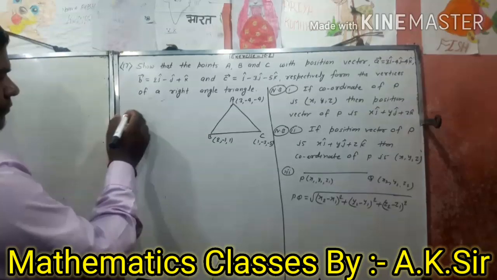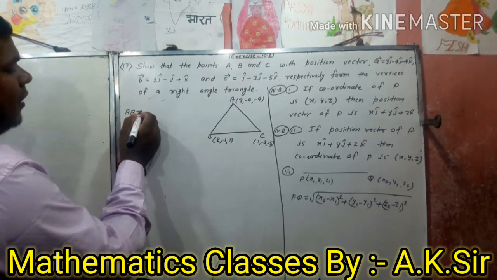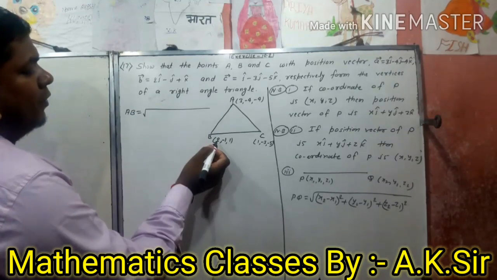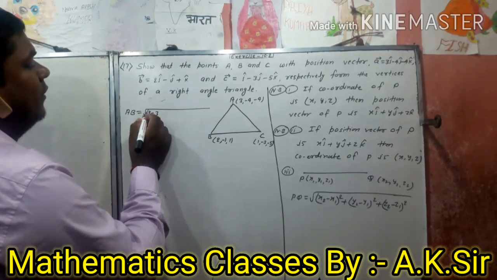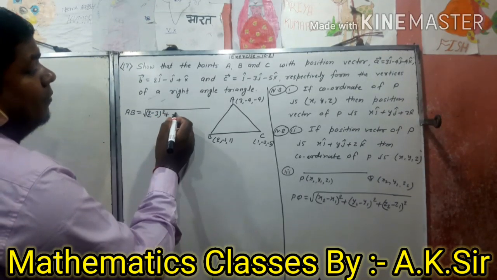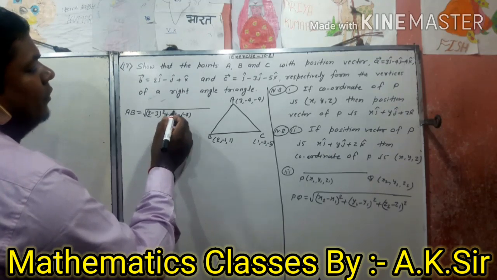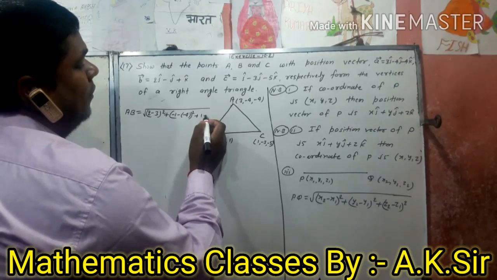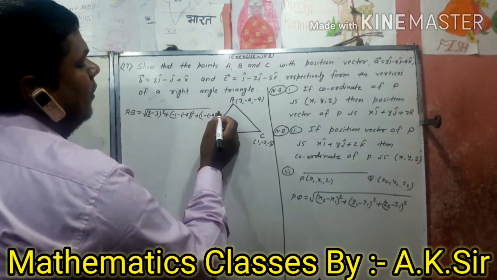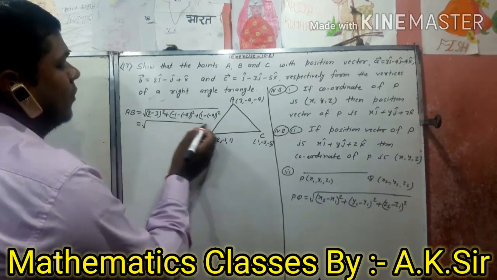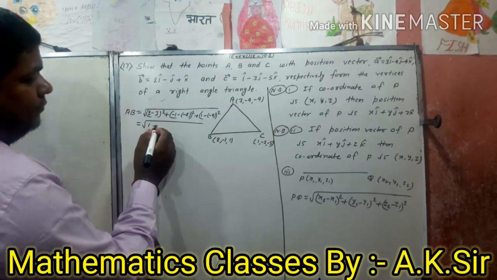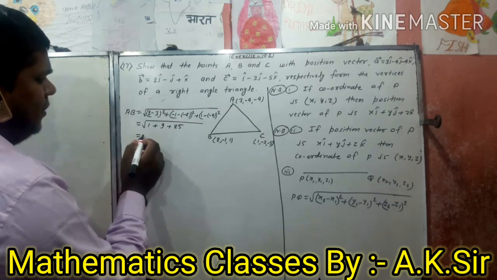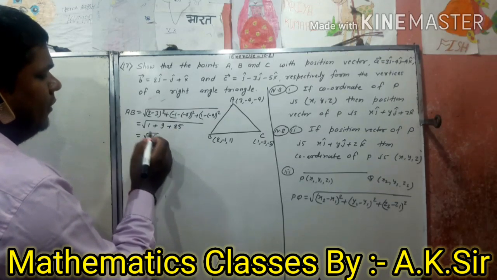Here, find AB. AB is equal to the square root of (2 minus 3) squared plus (minus 1 minus 4) squared plus (1 minus 4) squared, which is equal to the square root of 1 plus 9 plus 25, equal to the square root of 35.